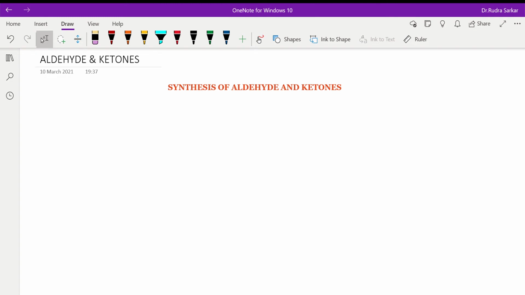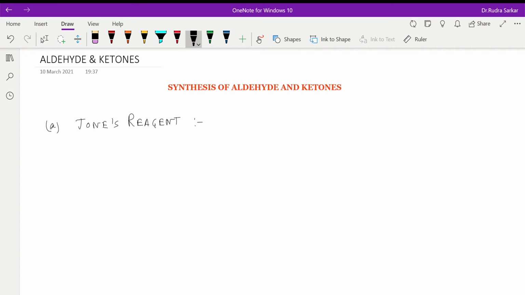So today we're going to discuss reagents which can be used to synthesize aldehydes and ketones from various substrates. Okay, so the first one that I'm discussing over here is called Jones reagent.